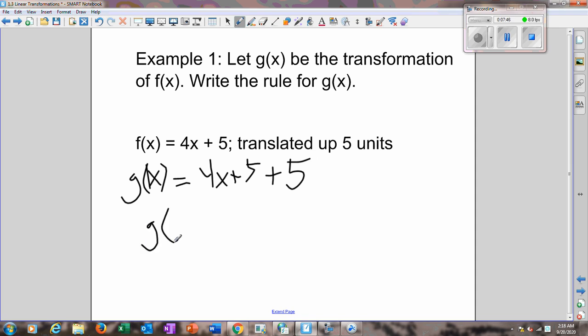G of x equals 4x plus 10. So we just did 5 plus 5.